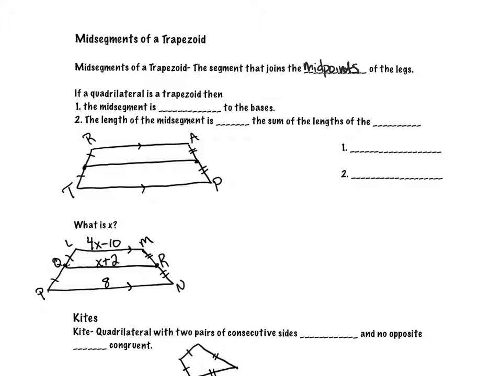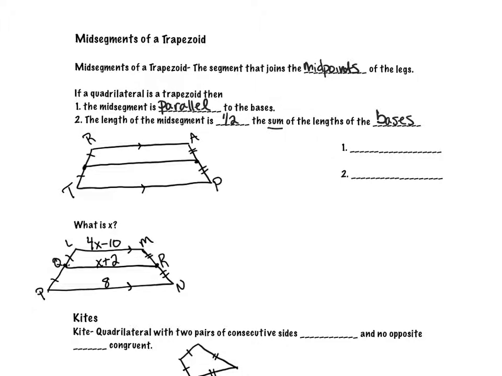A couple of things we know: the midsegment of a trapezoid is parallel to the two bases. And there's something special with the length: it's going to be half the sum of the lengths of the bases.